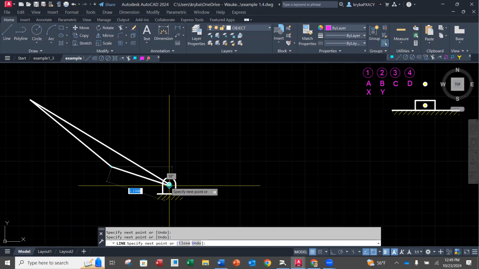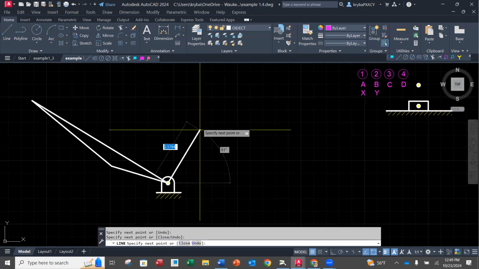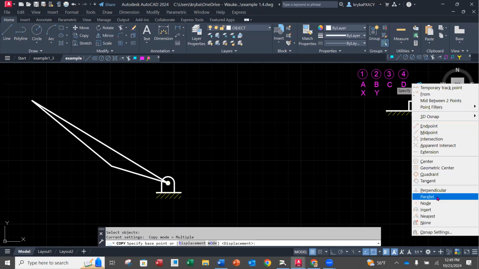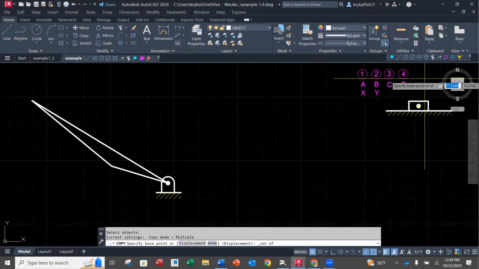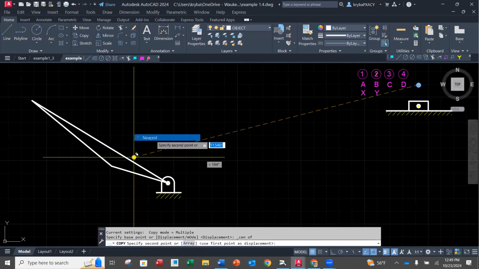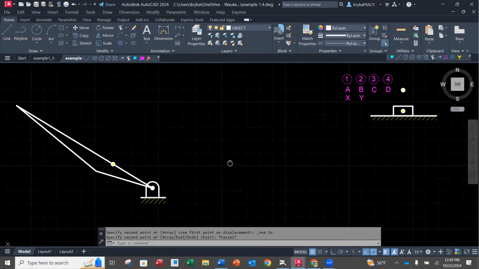And go back. And then I'm going to copy my pin connection. And I'm going to put this along there. So nearest here is good.